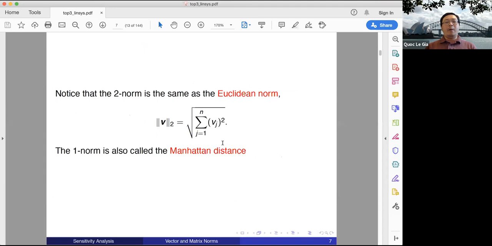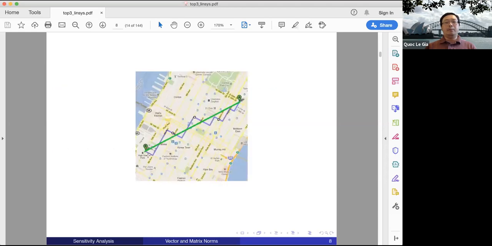The two norm is just the usual distance in Rn, and the one norm, on the plane, can be interpreted like the distance of a taxi travelling through Manhattan. Manhattan is in New York, and you see that the streets are just like a chessboard, okay?